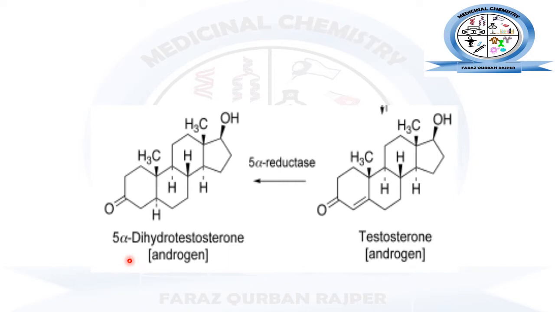In the next step it will be further converted into other inactive metabolites, like we have observed: the 5-alpha-ol, with reduction at this position, and besides this the oxidation at this position, where it will be converted into the ketonic group.